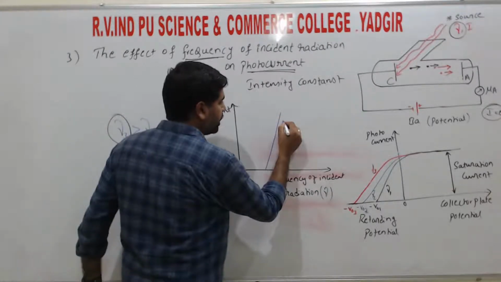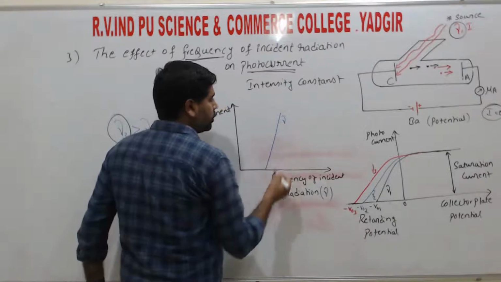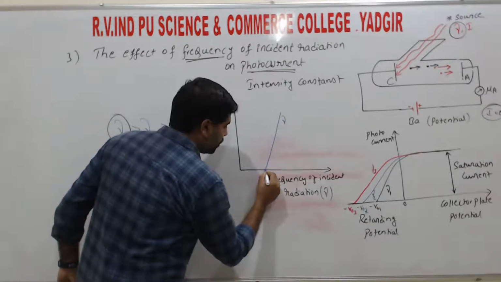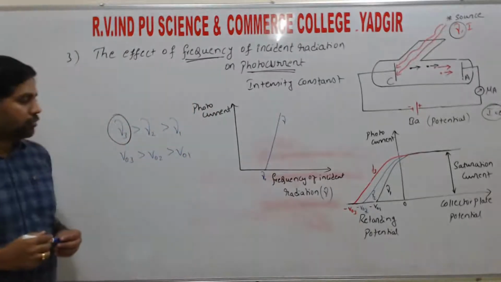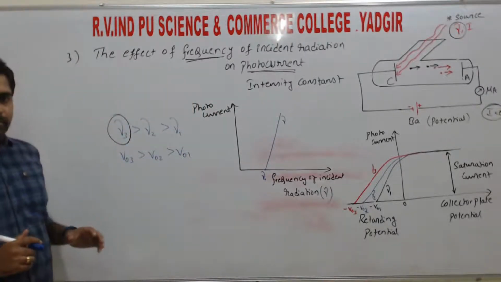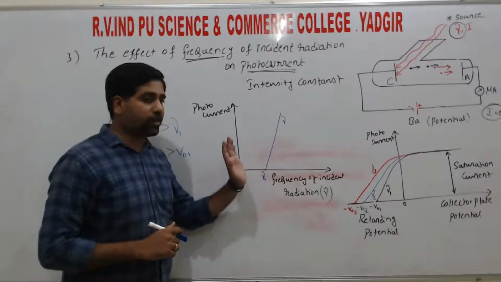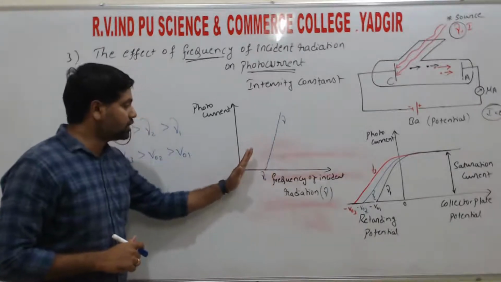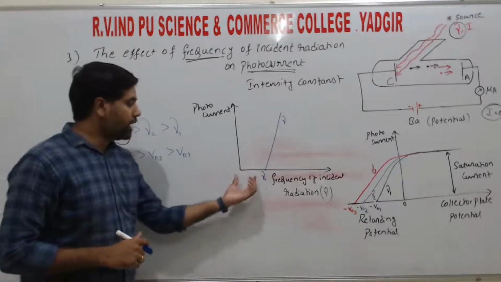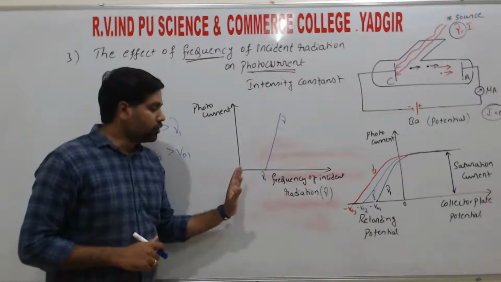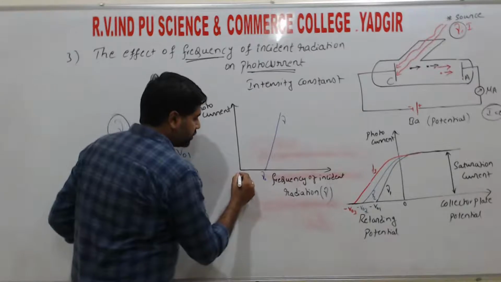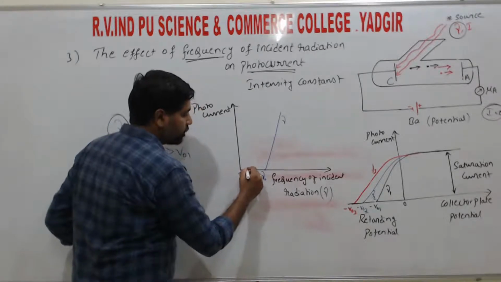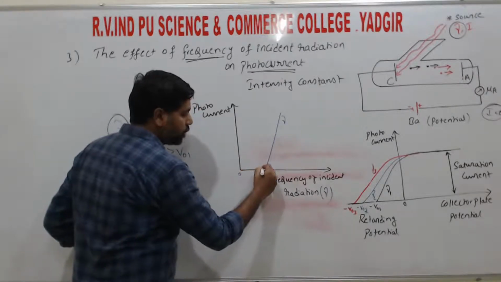So this one is the frequency nu. This one point we call nu naught, right? So what does this curve represent, and why does it not start from the origin? Here we have values. This one is the frequency, right? If we consider here it is 0, the values start from, for example, 10, 20, 30, 40, 50.